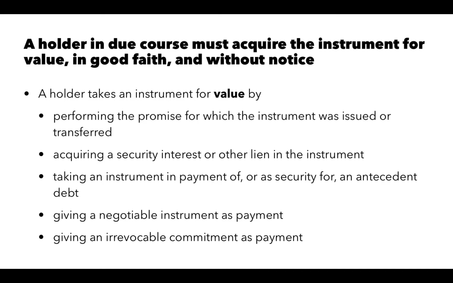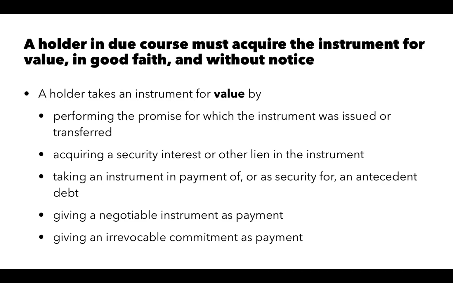That may be payment of money, giving another negotiable instrument as payment, or giving an irrevocable commitment as payment. So on your test, just look to make sure that there was some value given for the instrument.